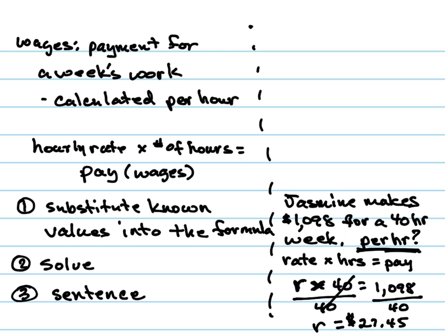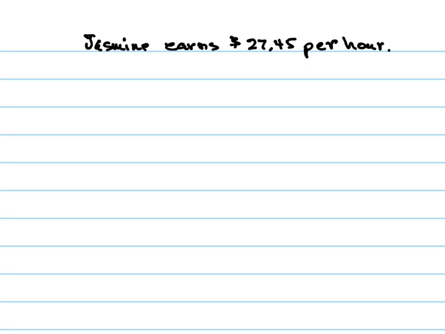So now we need to write out a sentence to make that make sense. So our sentence is simply, Jasmine earns $27.45 per hour. Keep it simple, but make sure it's a complete sentence.